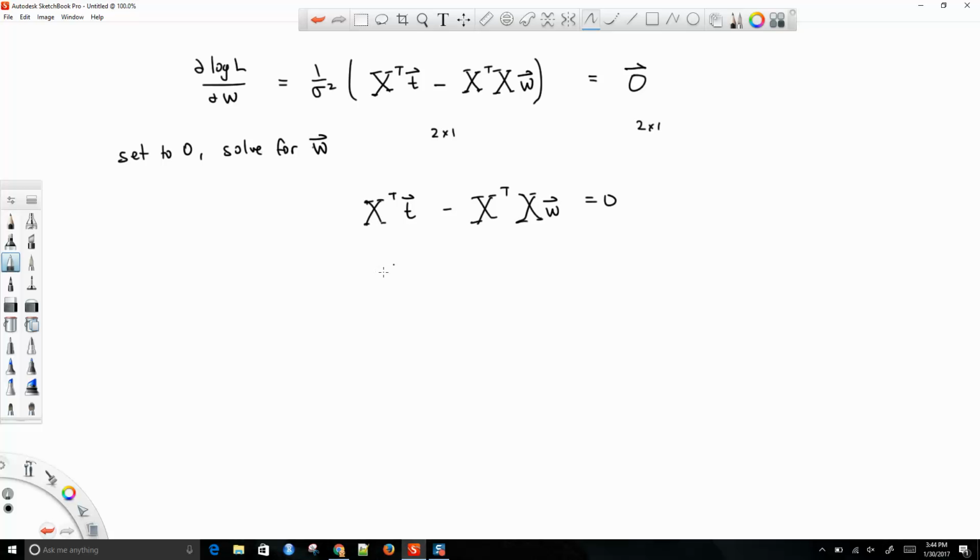I can move things around, and I have x transpose t is equal to x transpose x w. And so solving for w, I get x transpose x inverse x transpose t is equal to w.